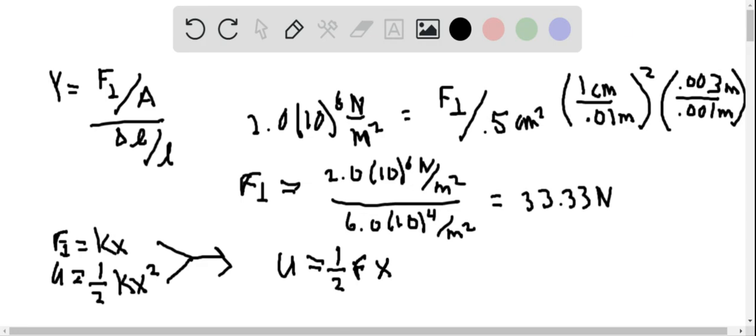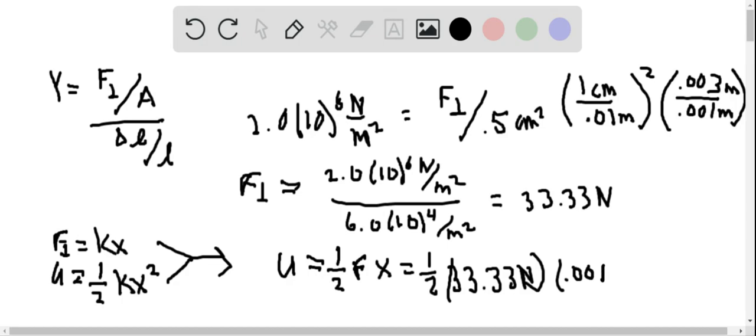When we plug these values in, we have 1/2 times 33.33 newtons times 0.001 meters.